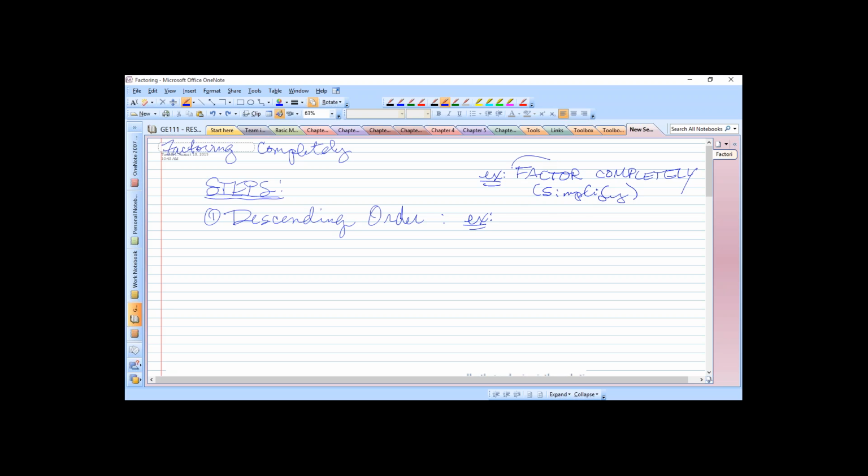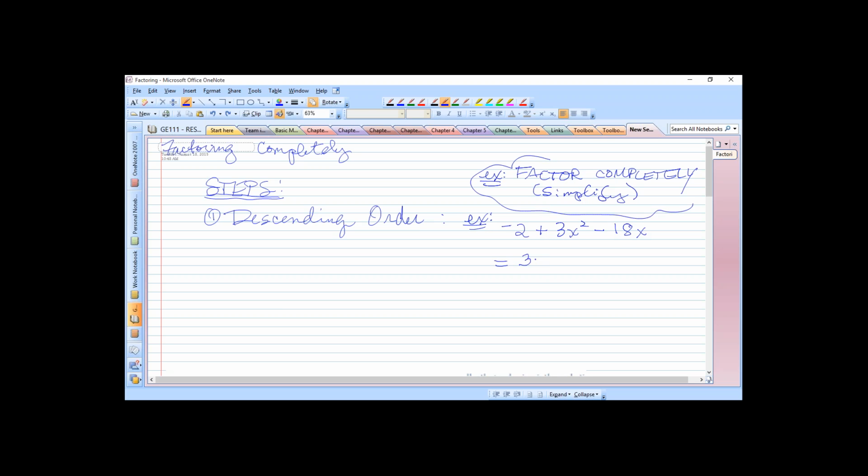So for an example of descending order, you may be given something like this: minus 2 plus 3x squared minus 18x. I might say factor it completely, or I might say simplify. And what you're going to start to do is put it in descending order. So we find the term with the highest exponent on x, and that goes first.